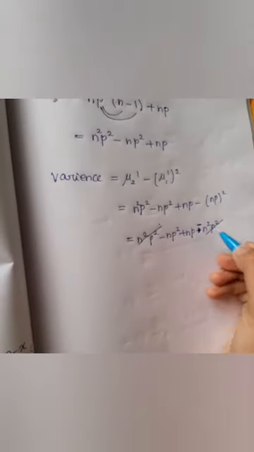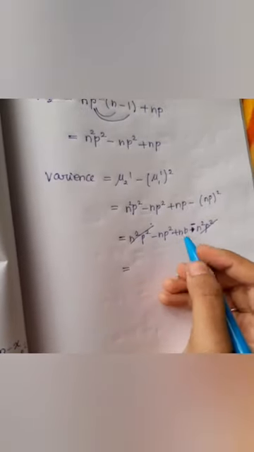So n square p square gets cancelled. First we write the positive term np, minus np square. Here we are taking np as common, so that we get np into 1 minus p.